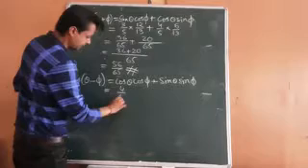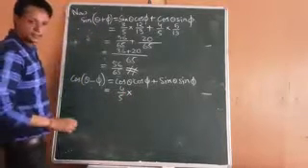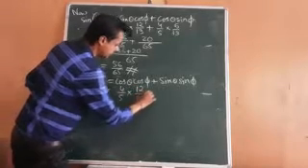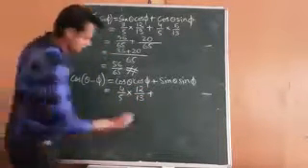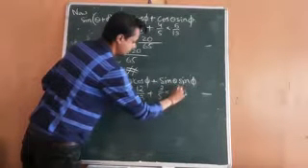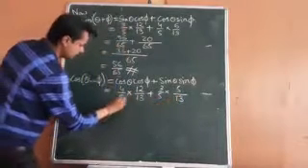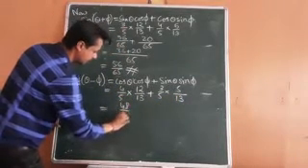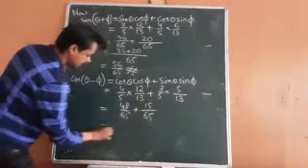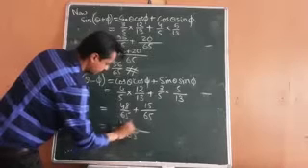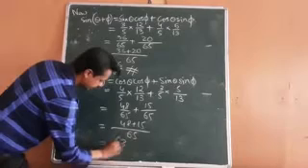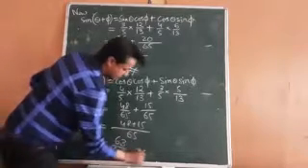So cos theta is 4 over 5 into cos phi, 12 by 13, plus sin theta 3 by 5 into 5 by 13. So 48 by 65 plus 15 by 65. Take the LCM. 48 plus 15, so it is 63 by 65. So this is the answer.